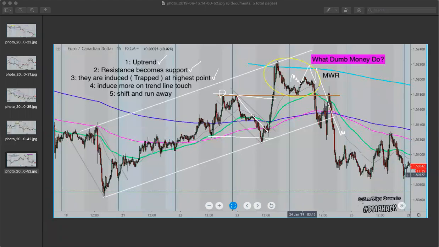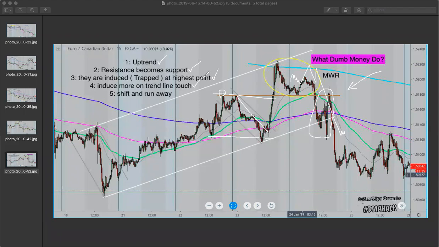And then the fourth one, this is in case you want to take it super safe. You want to try to make it below DMA or below averages in order to sell, which is smart. And that's why there is induction more on trend line touch. They came to the trend line, start touching the trend, inducing to the trend, which people who know DMA, this induction will end at DMA.